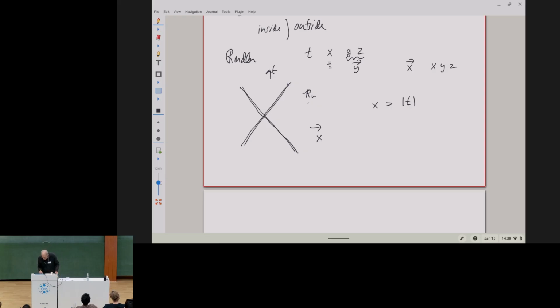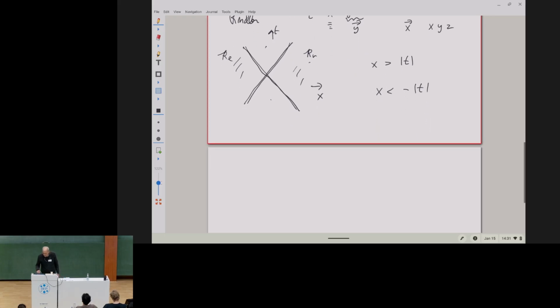Similarly, there's a left Rindler region where x is less than minus the absolute value of t. And there are future and past regions up here and down here that won't play much of a role. We're going to be discussing the physics from the point of view of somebody who lives in one of these Rindler wedges, as they're called.